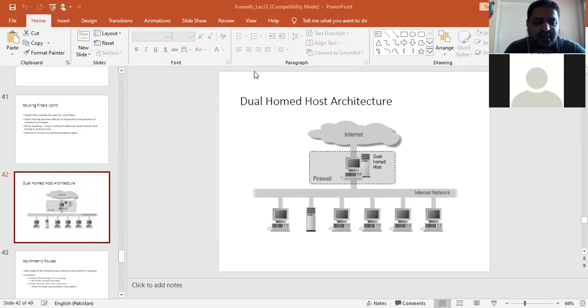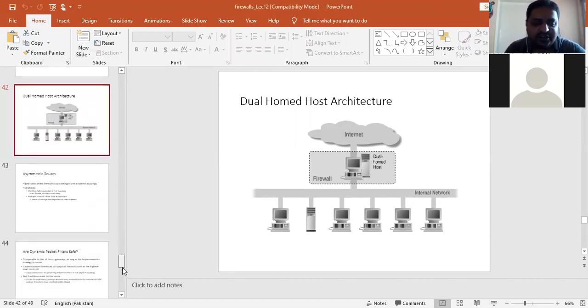So in this way we have different types of routes which can be defined for the network.